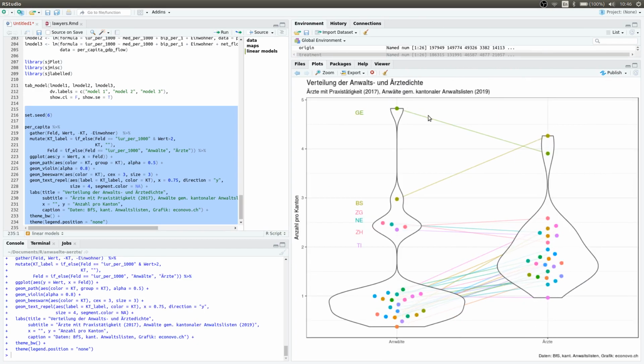Here it is. You see that Geneva is up here and somehow related with the higher density in physicians as well, Basel City and Zug, Neuchâtel, and most probable in my view is this to be explained by canton-specific characteristics.